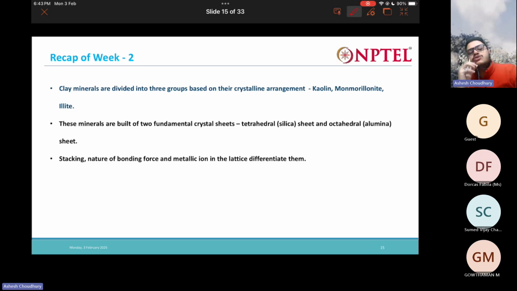The crystal sheets can be the tetrahedral sheet or the octahedral sheet. The tetrahedral sheet is also called the silica sheet, because it has a silicon ion in it. The octahedral sheet is called the alumina sheet because it has an aluminum ion in it.